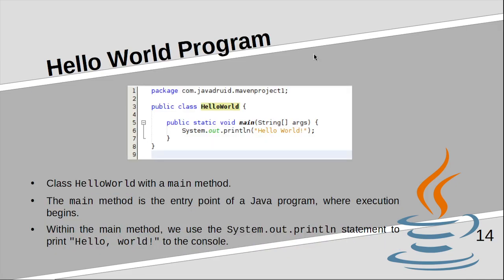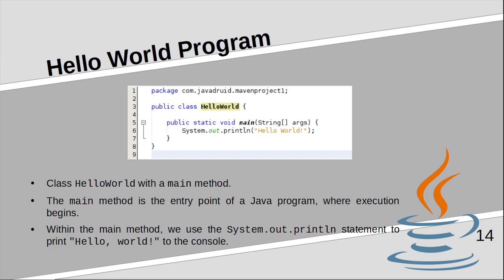Okay, well, now we have a very, very bare bones Java program here. You can see the package name, which is equivalent to a namespace in other languages. It's basically where the class lives inside the project.